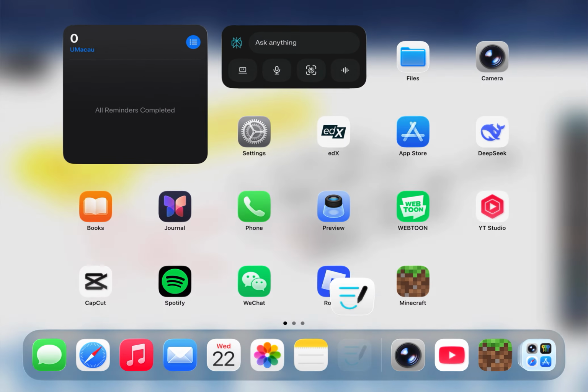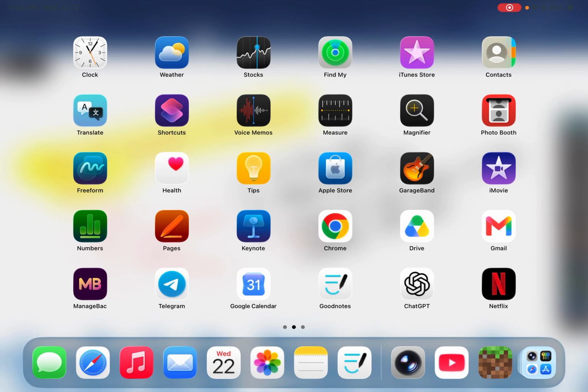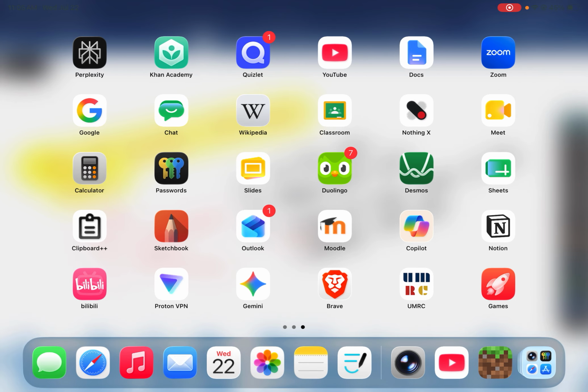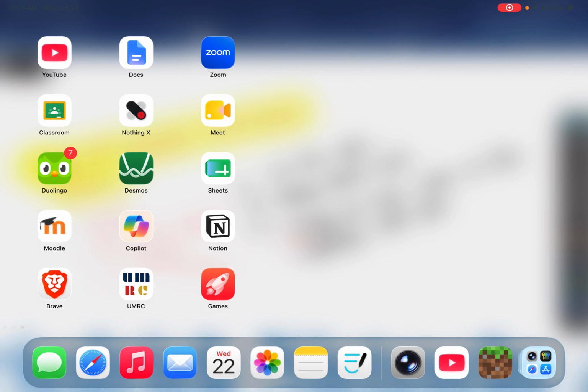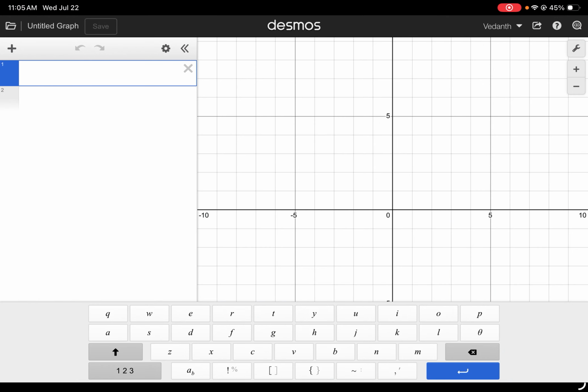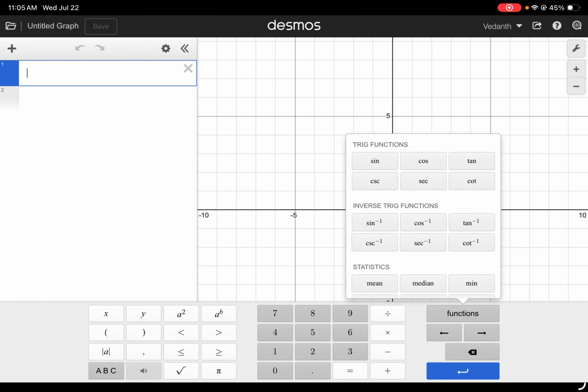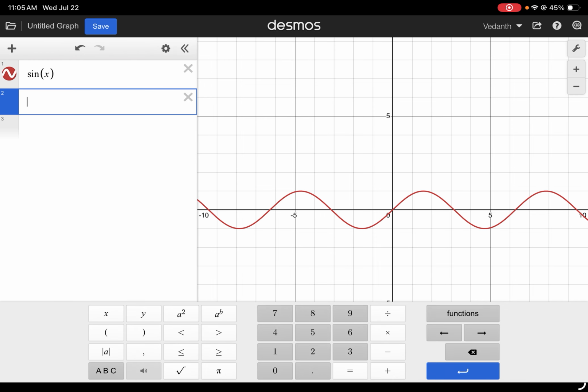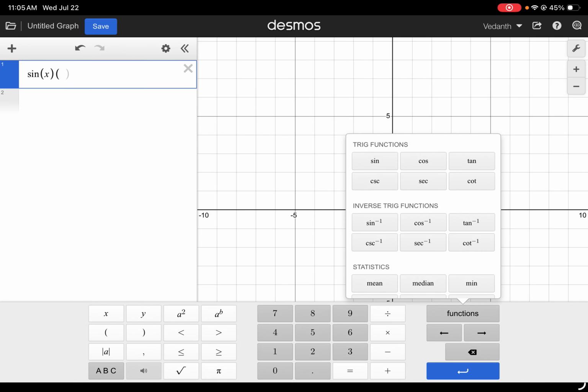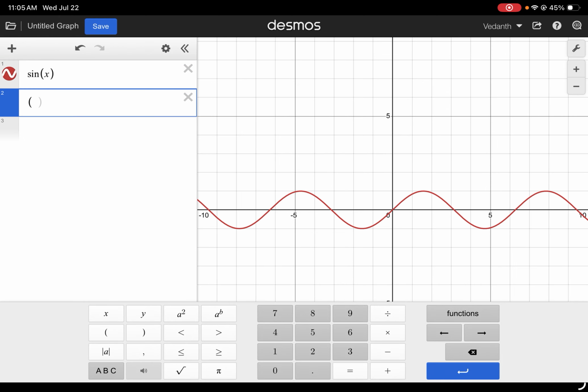So let me show you on Desmos. Let me try to find Desmos. Oh yeah, here. Desmos. All right. So if you have the graph of sine x, we know that it looks something like this. But if you have the graph of sine x squared, let me put it in brackets and squared, it's the green one.